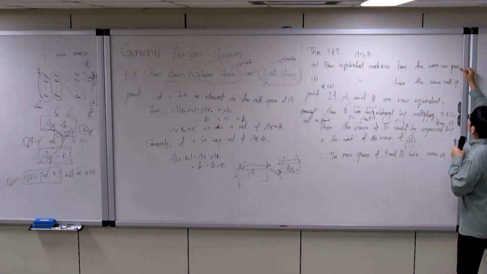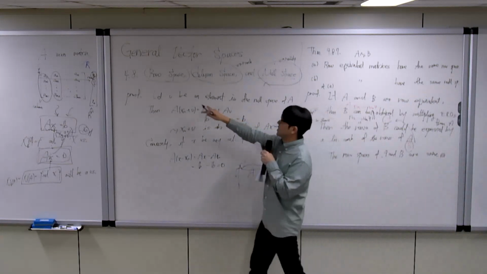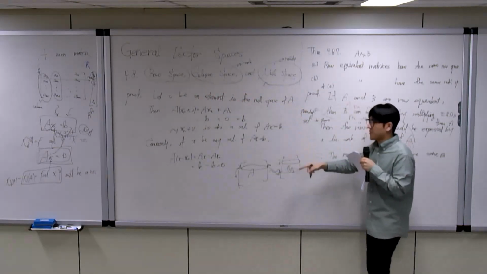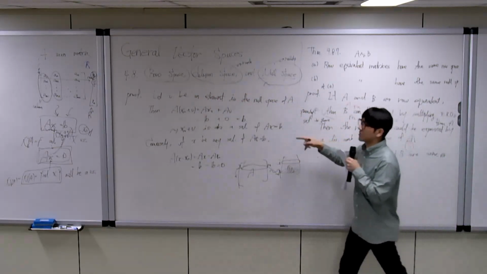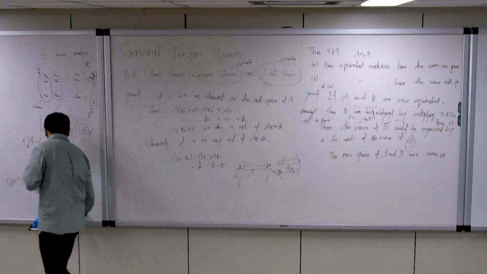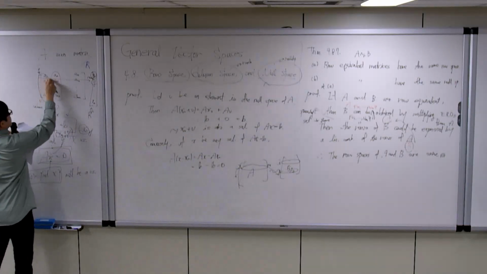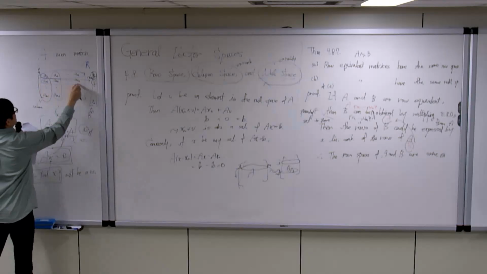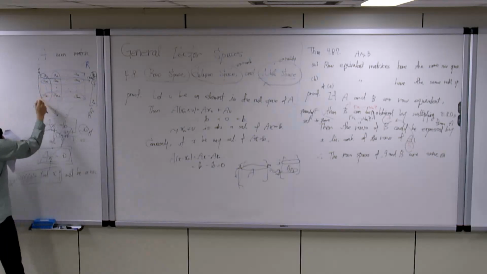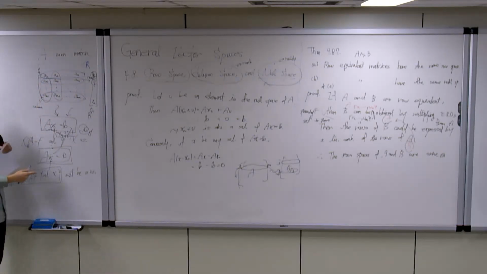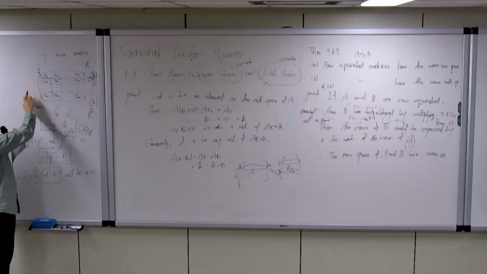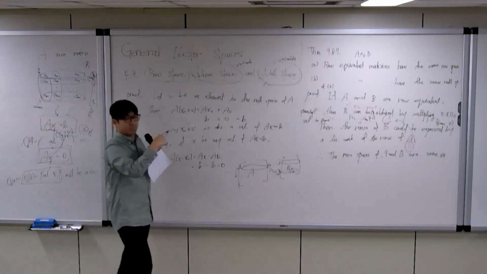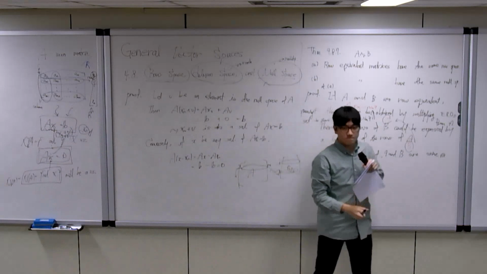This row space was just the spanning set of row vectors. When you bring the row vectors, we defined the row space as the linear span of these m vectors.